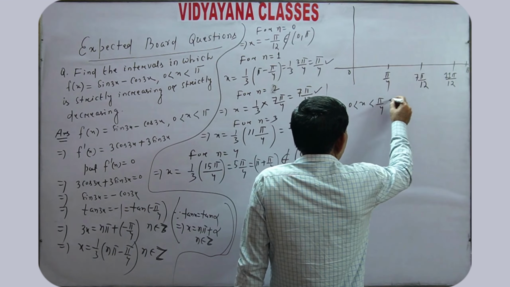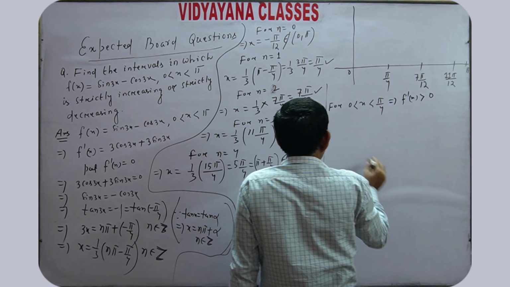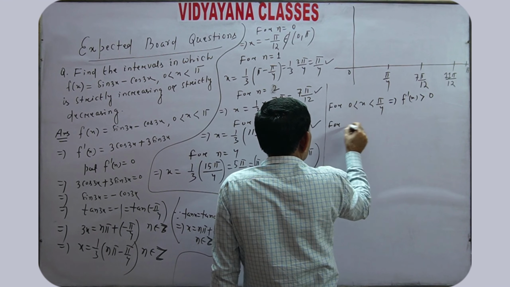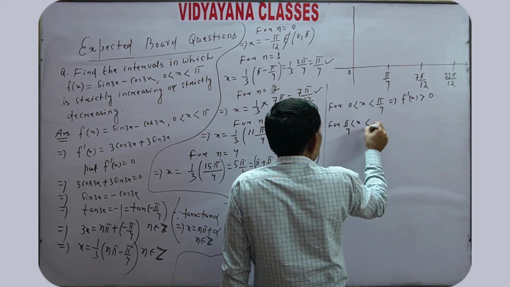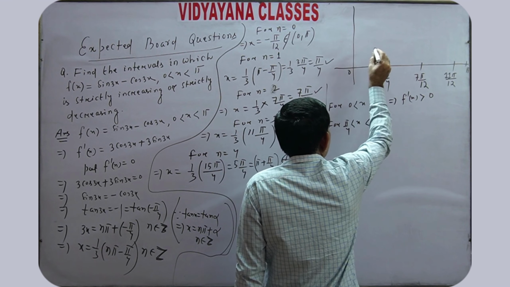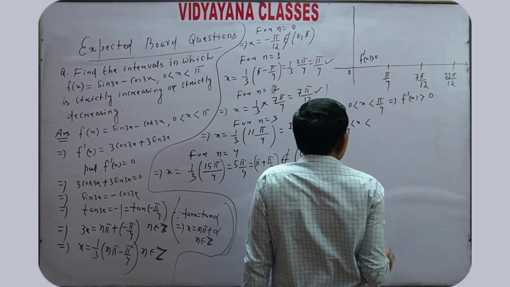So the derivative implies f dash x greater than 0. For x greater than pi by 4, less than 7 pi by 12, in this interval f dash x greater than 0.